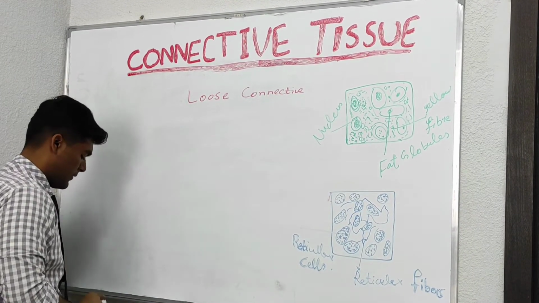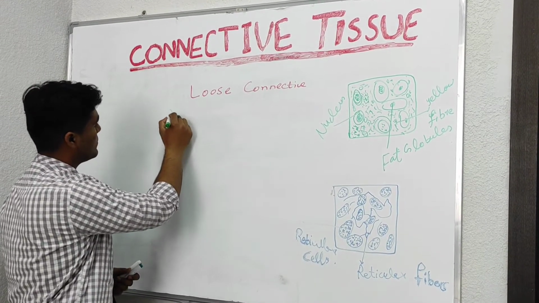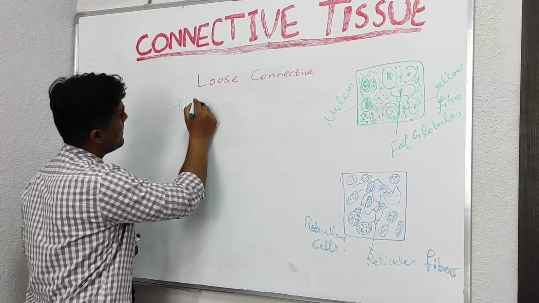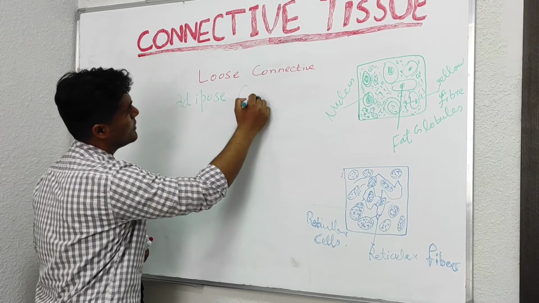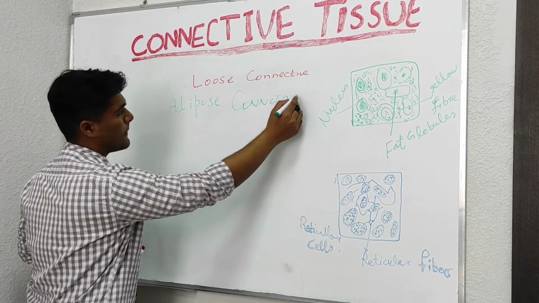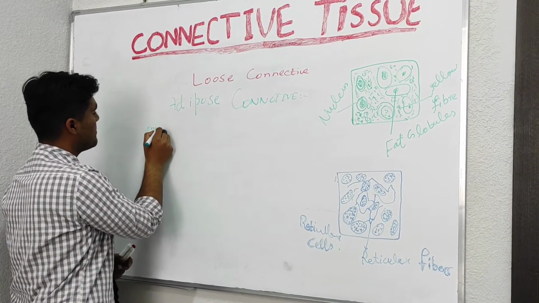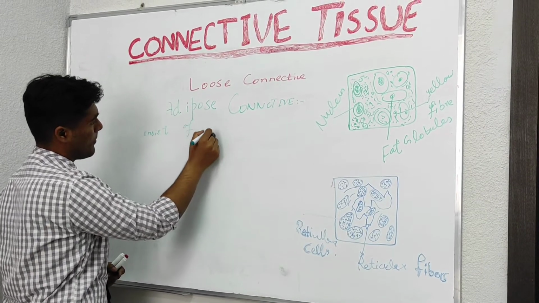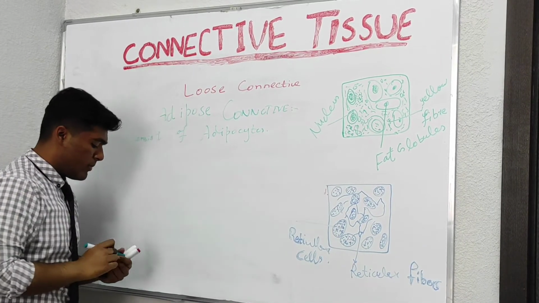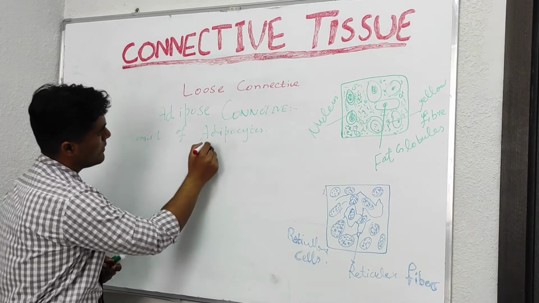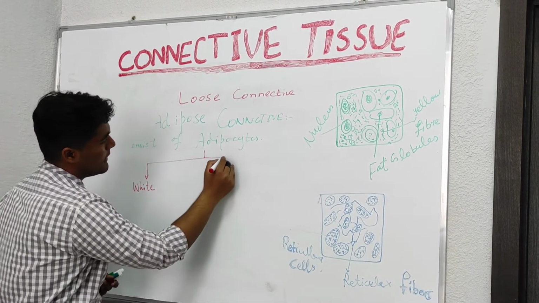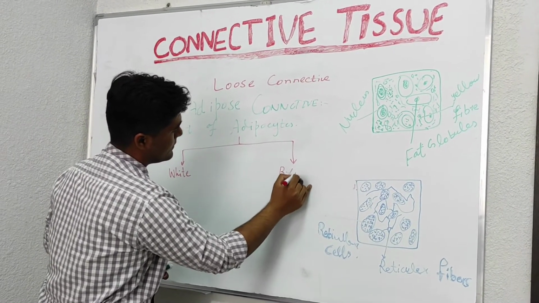It is divided into two main forms. The first is white adipose tissue and the second is brown adipose tissue.